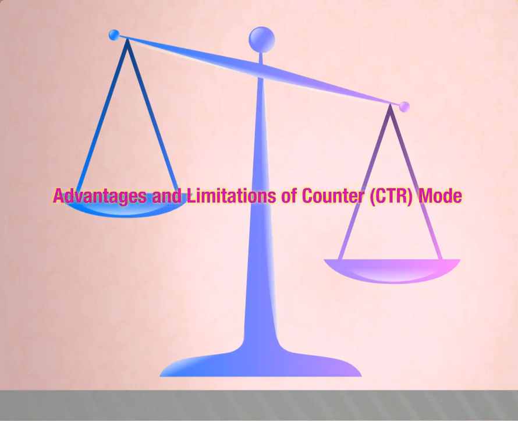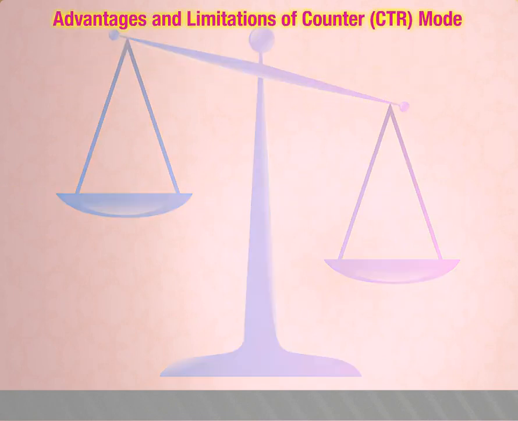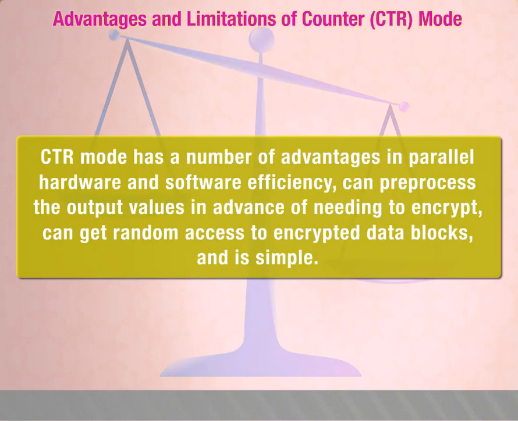Advantages and limitations of counter, that is CTR mode. CTR mode has a number of advantages in parallel hardware and software efficiency, can pre-process the output values in advance of needing to encrypt, can get random access to encrypted data blocks, and is simple.